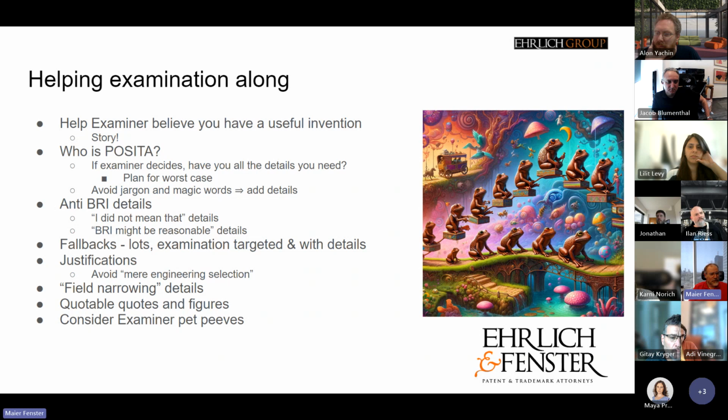Broadest reasonable interpretation, or perhaps broadest unreasonable interpretation, but at least the examiner is allowed to give you a broadest reasonable interpretation. So when we draft the application, we prepare details specifically in order to fight undesired interpretations. And there's really two types of problems. Problem number one is I didn't mean that.